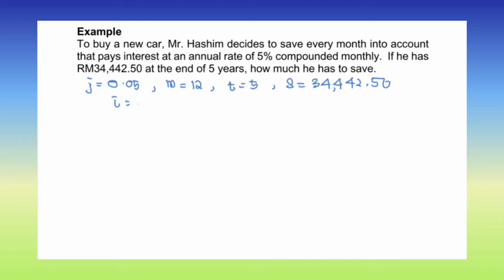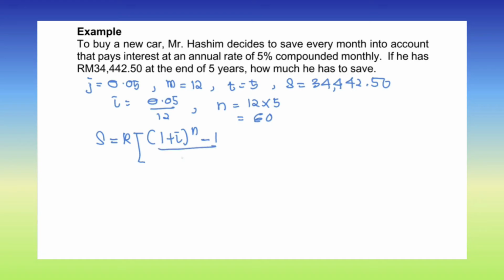Therefore, I equal to 0.05 over 12 and N equal to 12 times 5 equal to 60. So S is given by the formula R, 1 plus I to the power of n minus 1 over I. So substitute all the values.